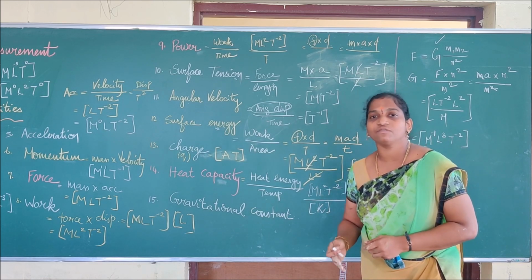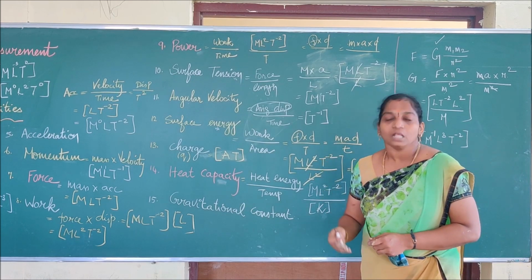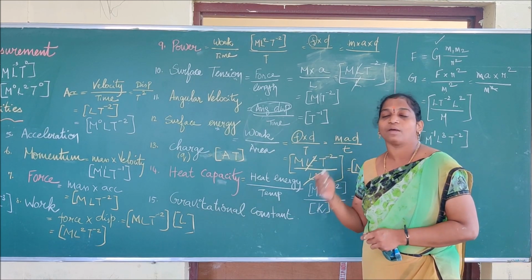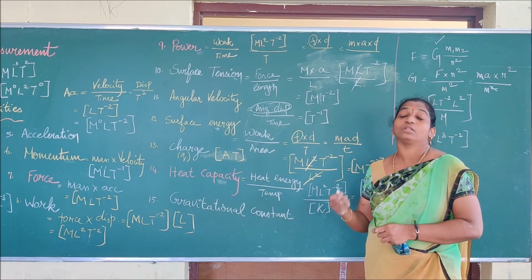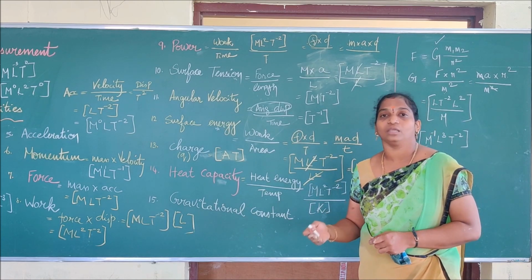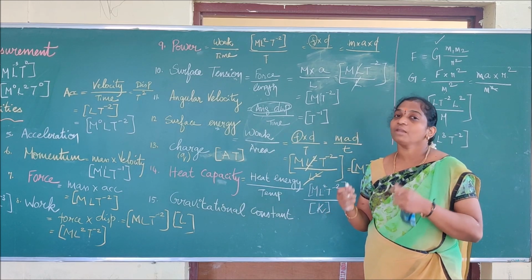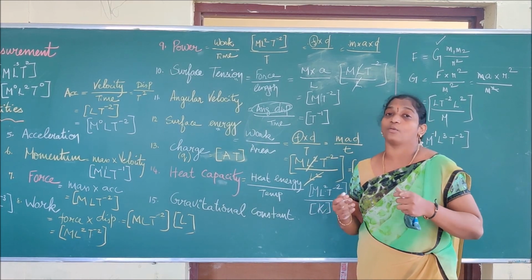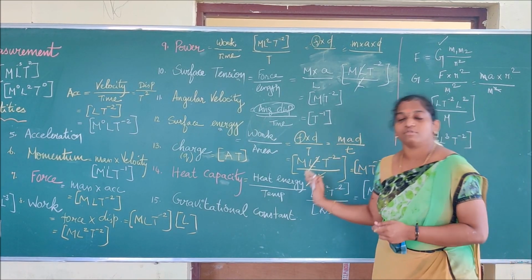If I learn any physical quantity, then automatically we learn its symbol, then its equation. From the formula we write its unit, dimension, and say whether it is a vector or scalar quantity. Then only the physics term becomes fulfilled. If we are missing any one thing, it is not a proper notation. So we have to learn how to write the dimension analysis.